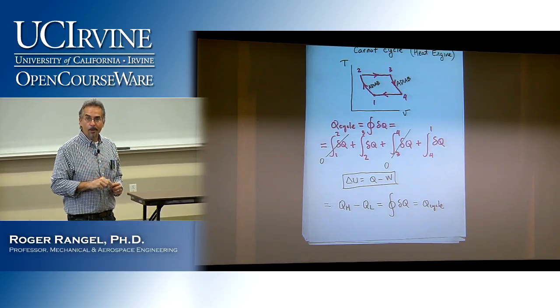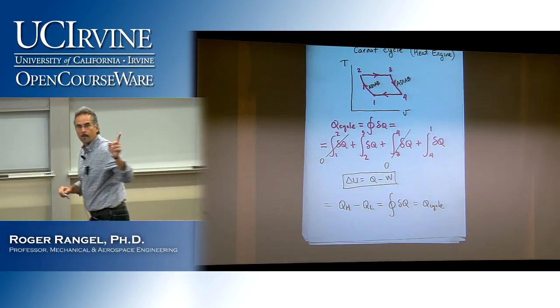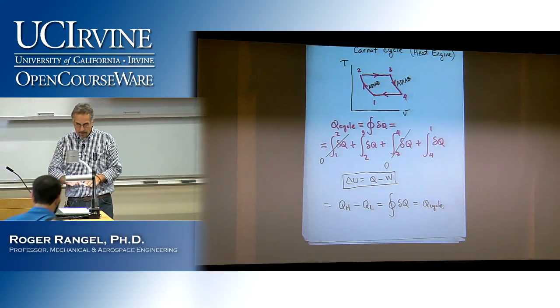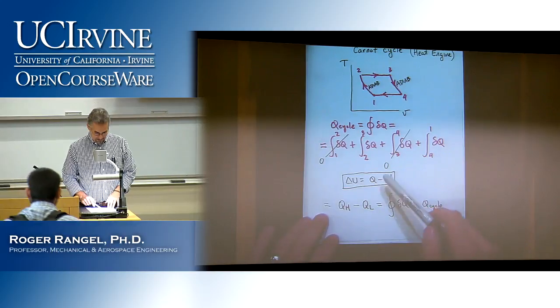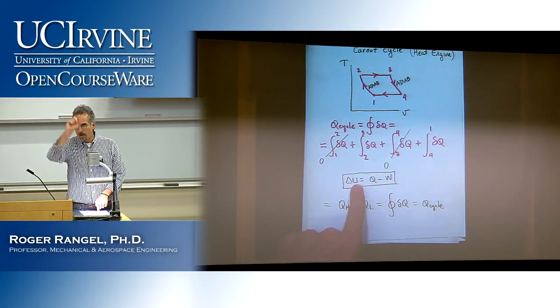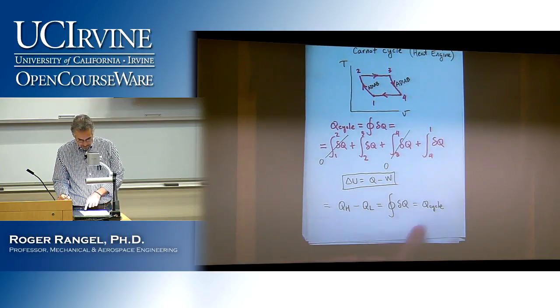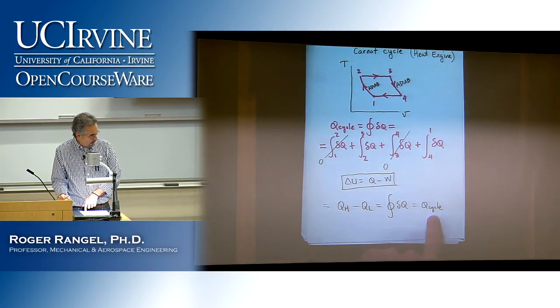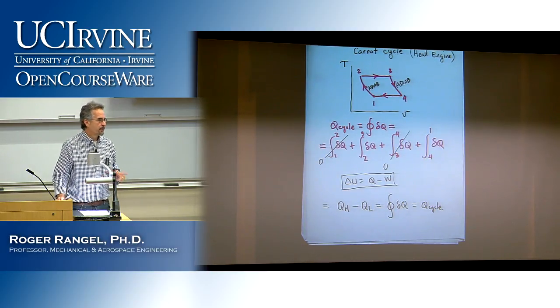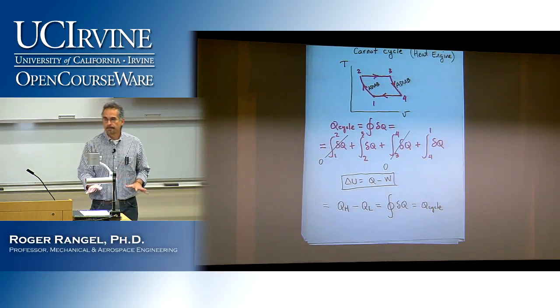This is equal to the work, because now, as opposed to my previous question, which was just for a process, for the entire cycle, indeed, delta U is 0, if I go all the way back to the initial point. So in that case, of course, this also happens to be the net work. Okay. Any questions about this? This was just warm up.